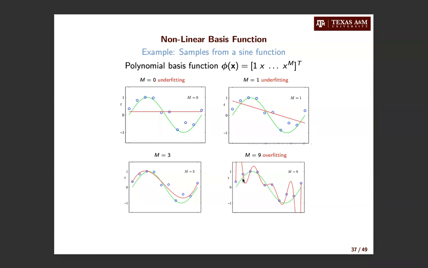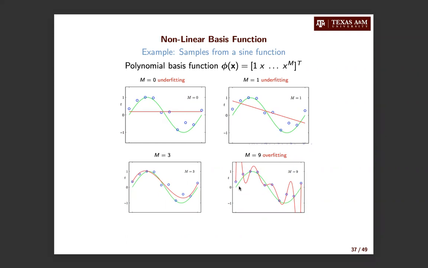However, if we had a new test sample that was generated by this green line, this new test sample would very likely have a very high error if it was estimated by this 9th order polynomial red line. And why is that? That is because this red line is really very complex for the amount of complexity in our data.